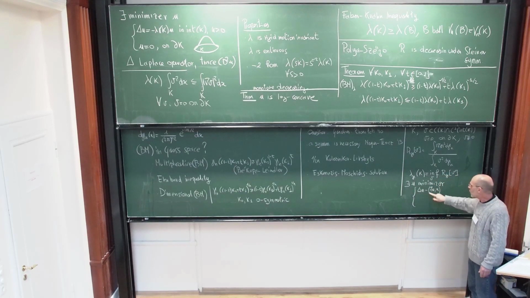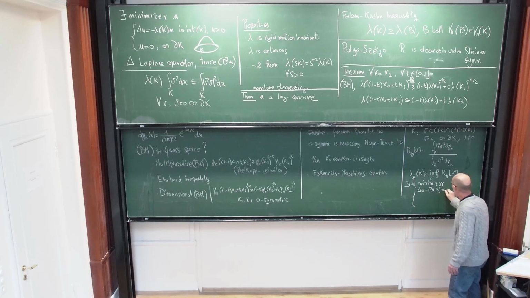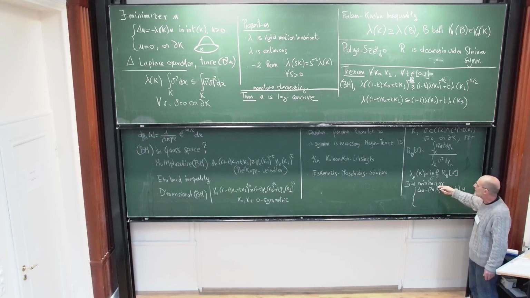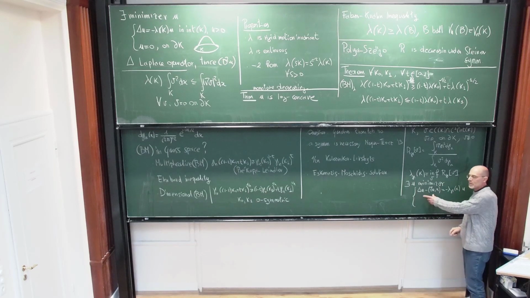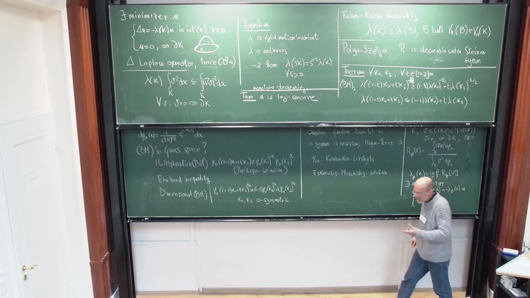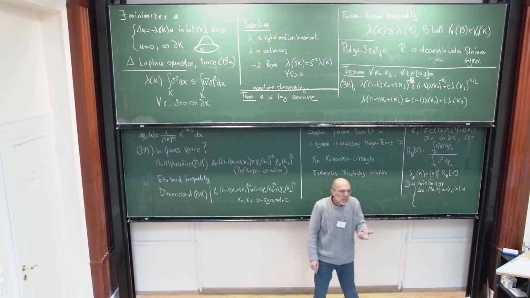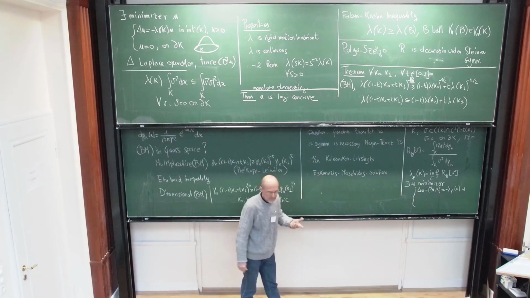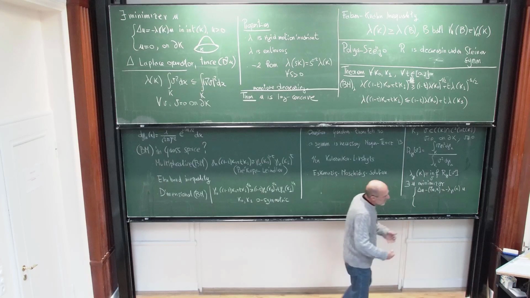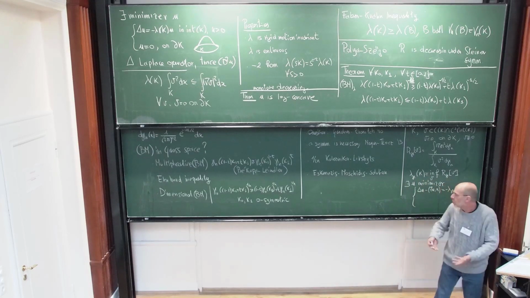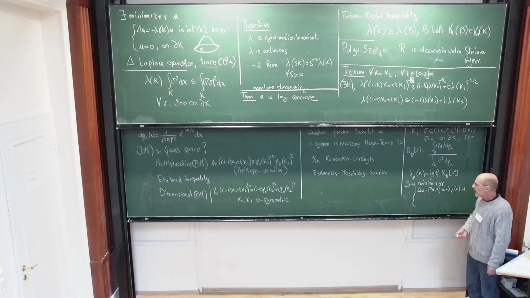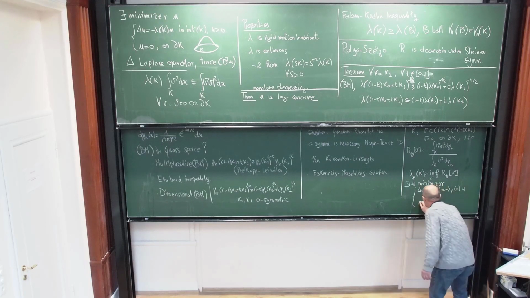So Δu minus ∇u scalar x equals minus λ_γ(K) times u. So now the minimizer is the eigenfunction of a different operator. This operator is called the Ornstein-Uhlenbeck operator, or the generator of the Ornstein-Uhlenbeck semigroup. And the boundary conditions are the same.